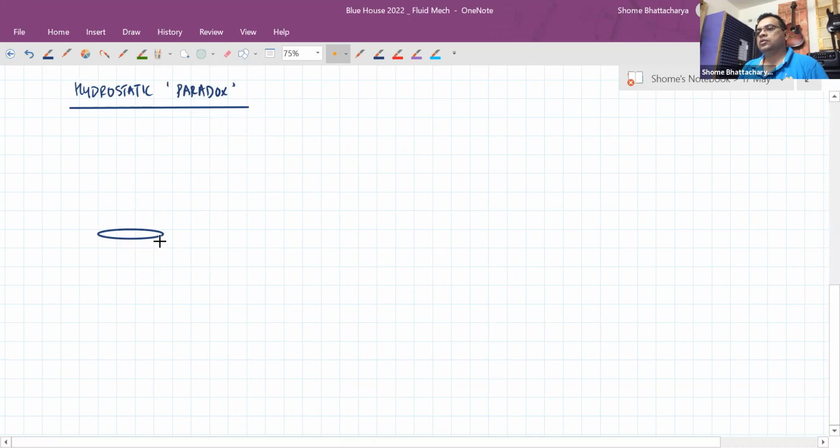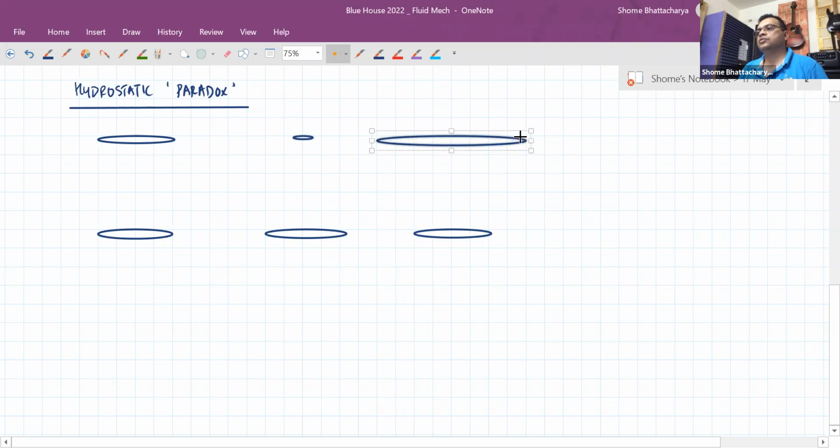So anyhow, let's consider that we have 3 containers, which I'll draw in just a moment. So we have 3 containers like this.